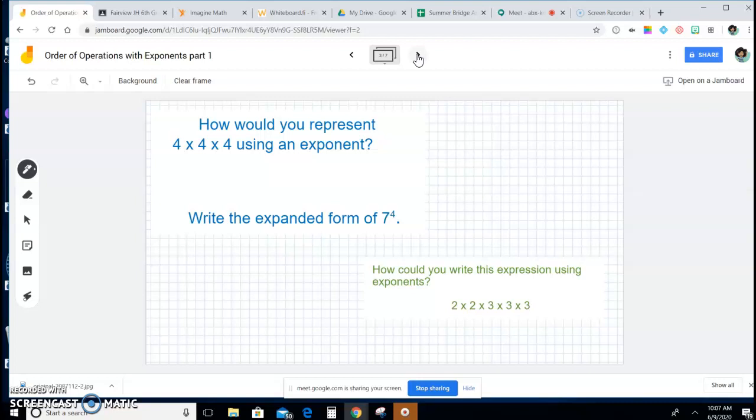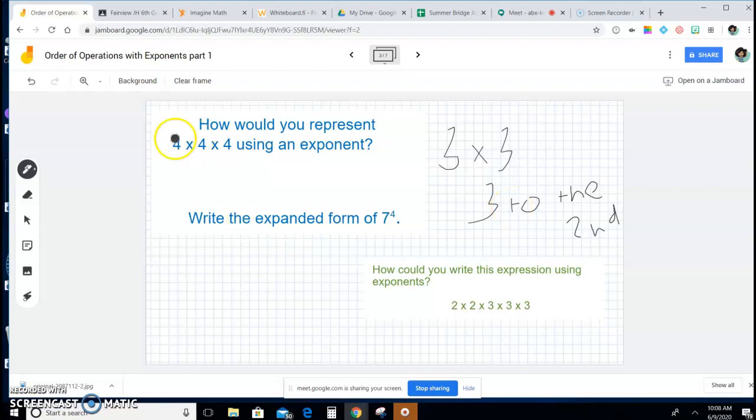For example, if I said, how would I represent 3 times 3, I could type out 3 to the, and I would say second power. So you could say 3 to the second, whatever.